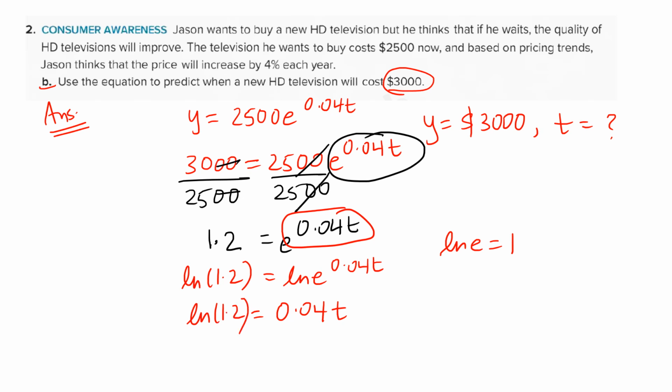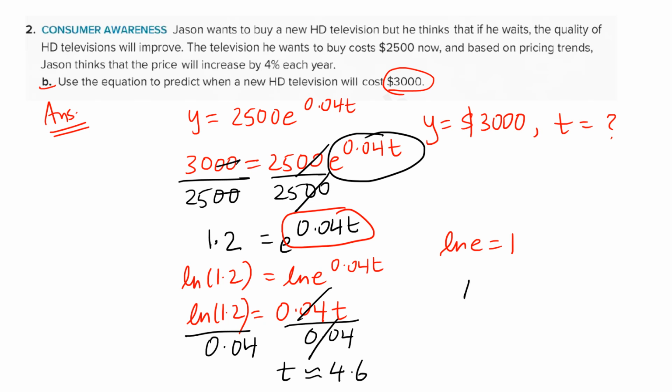You can go ahead, use your calculator now, divide both sides by this decimal so that we get rid of it, and your t will approximately come out to be 4.6 years. And if we round this off, we can say that the new HD television will cost about $3,000 because the first decimal place is more than 5.